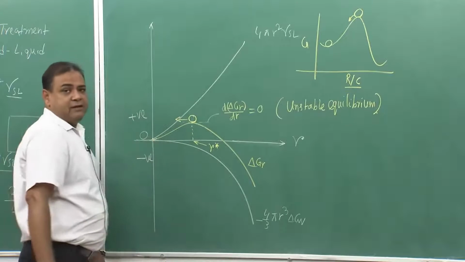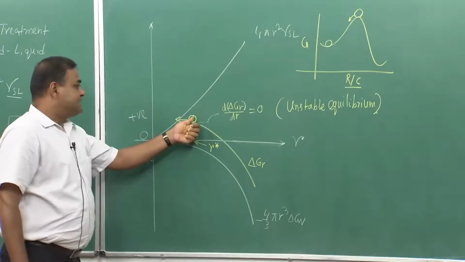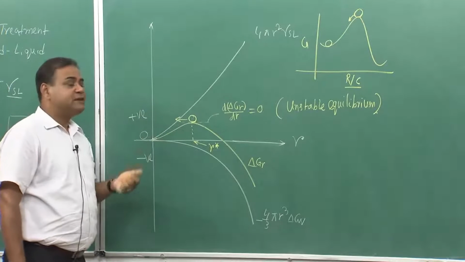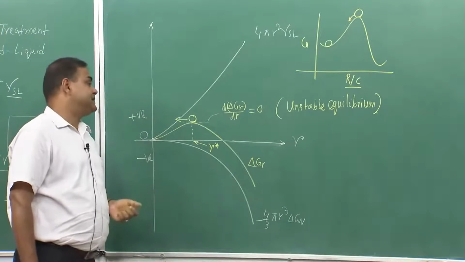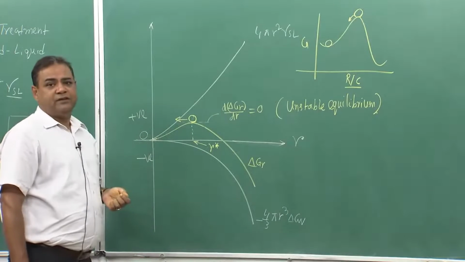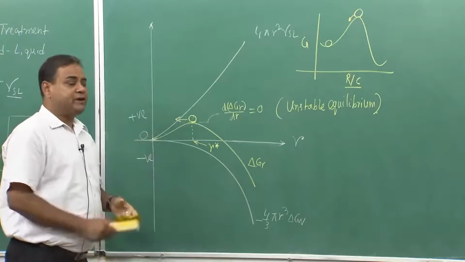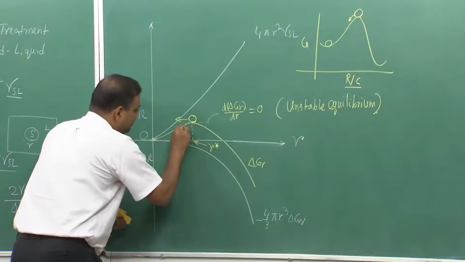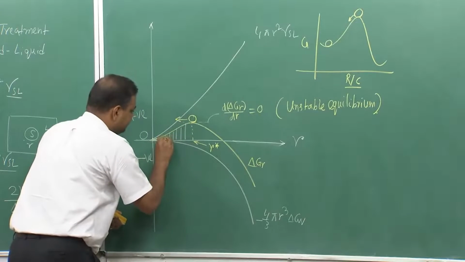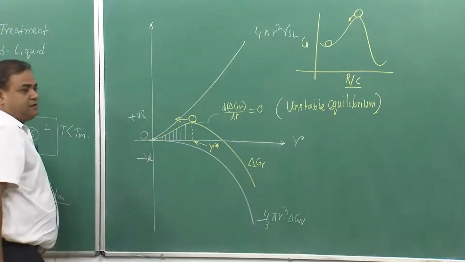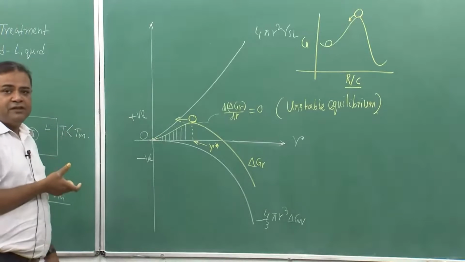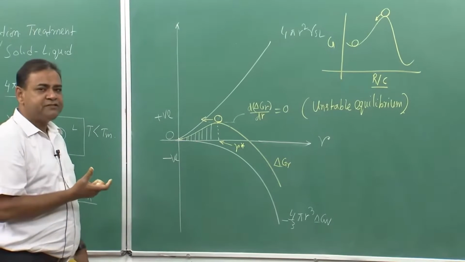What does it mean? It means that the solid would lose solid atoms, that means atoms of that particular metal from the solid phase will go to the liquid, because gradually it will lose its radius and finally reach there. How can it reduce its radius?